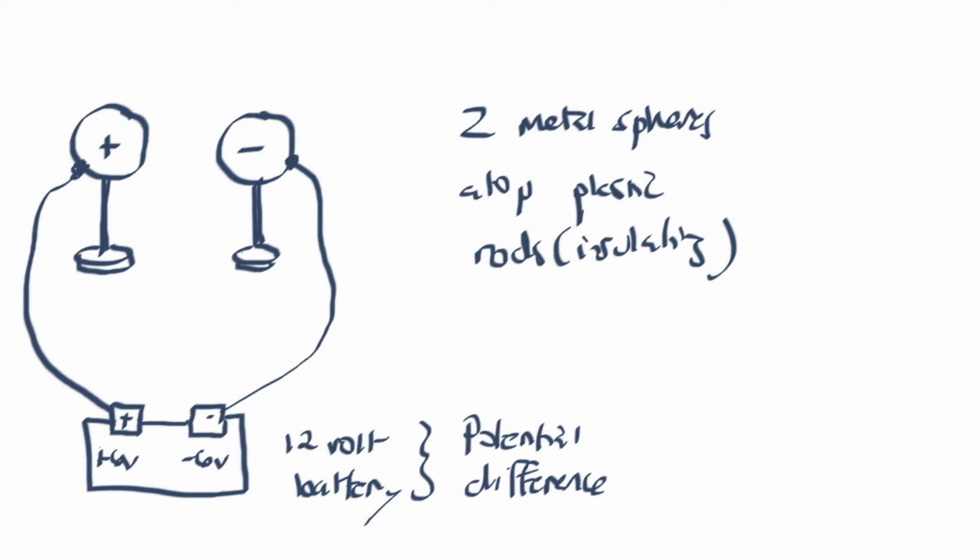And when this happens, if the leakage is slow enough, well then the battery is able to replenish the charge very quickly, and it keeps the left sphere very close to plus 6 volts, and the right sphere very close to negative 6 volts. So the electromotive action or force that's driving electricity from the positive terminal of the battery is able to replenish this charge very quickly.